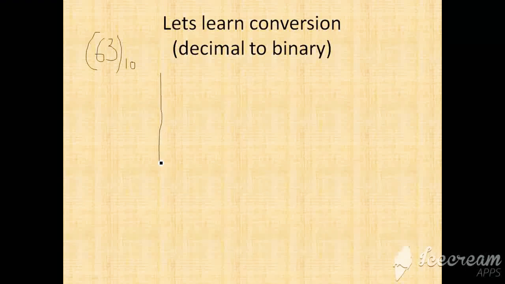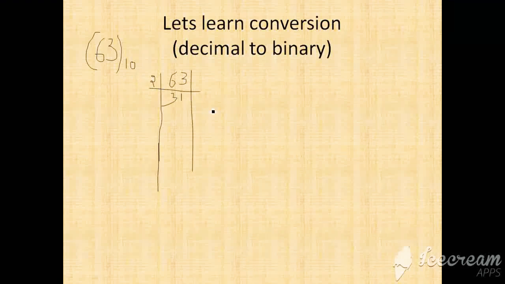We have to divide this 63 by 2 only. I have told you many times why 2: because 2 is the base of binary representation, right? So dividing 63 by 2, we get 31. Let's understand it very carefully, my dear students.